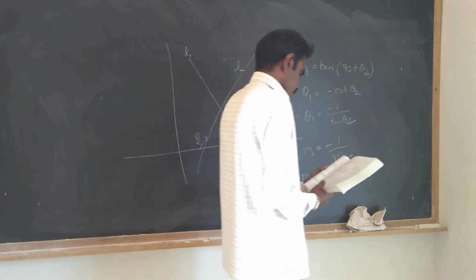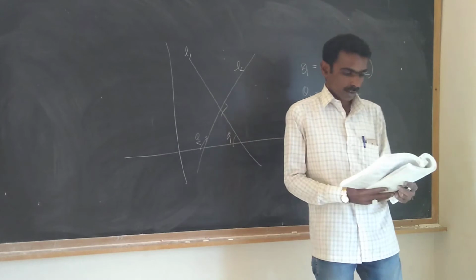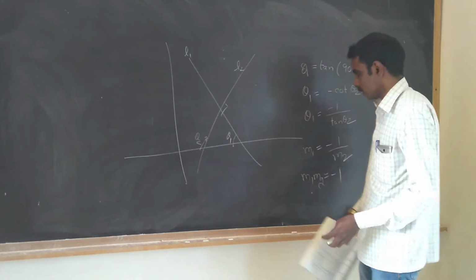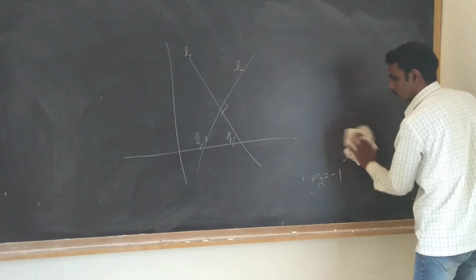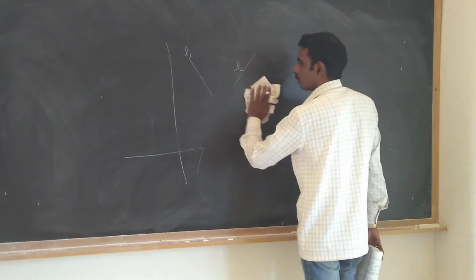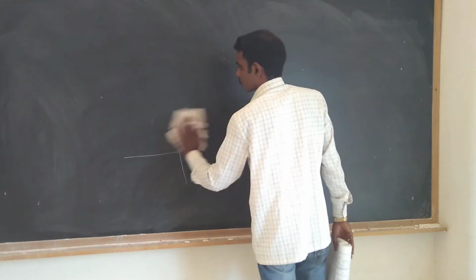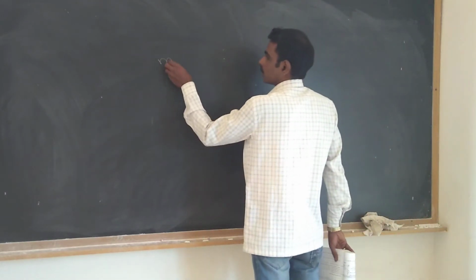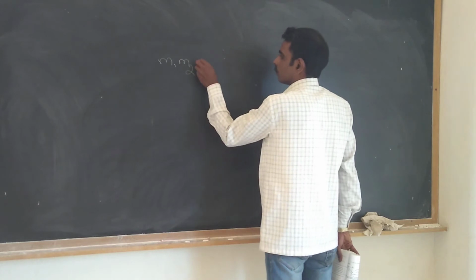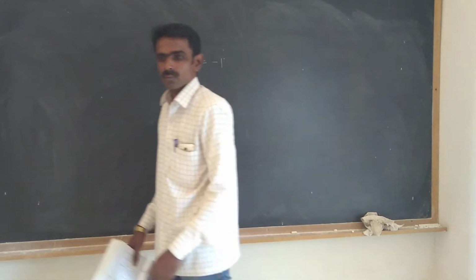That is, the two lines are said to be perpendicular. You can remember only one thing: the two lines will be perpendicular if the product of their slopes, that is m1 into m2, is equal to minus 1.